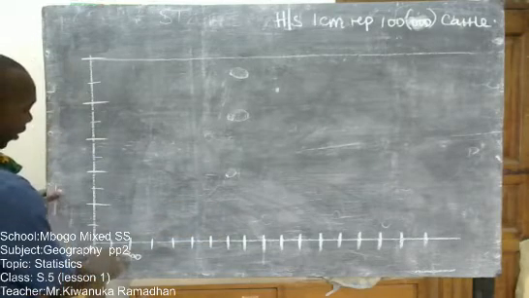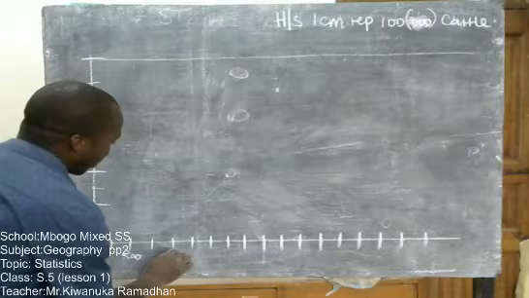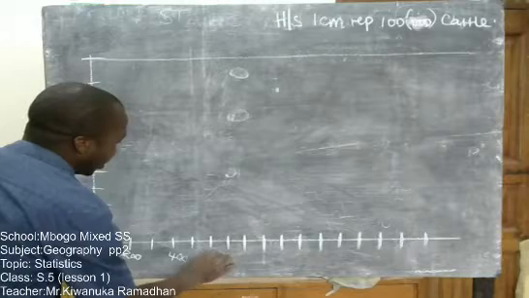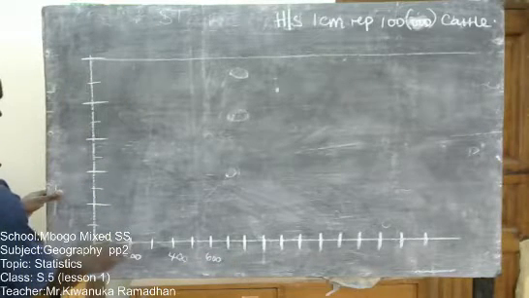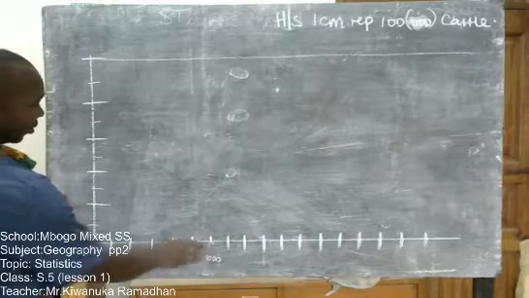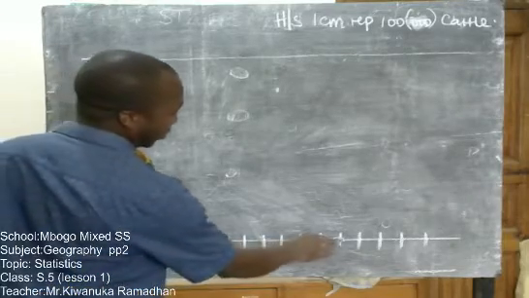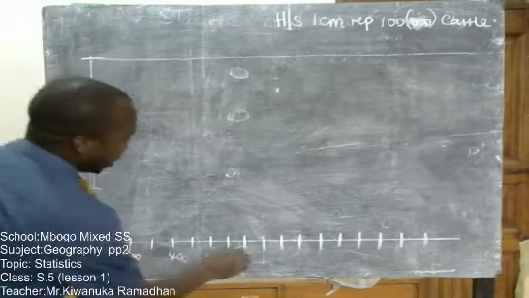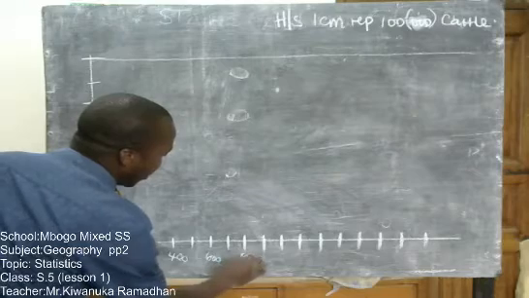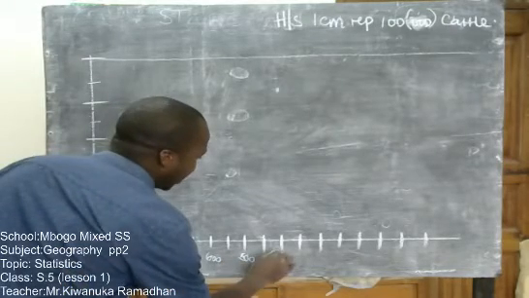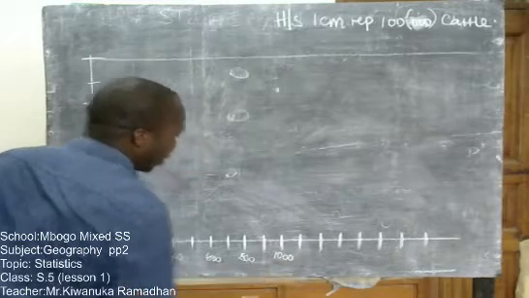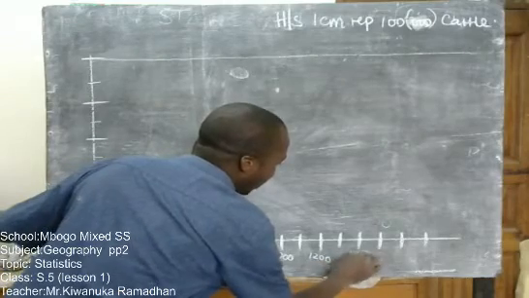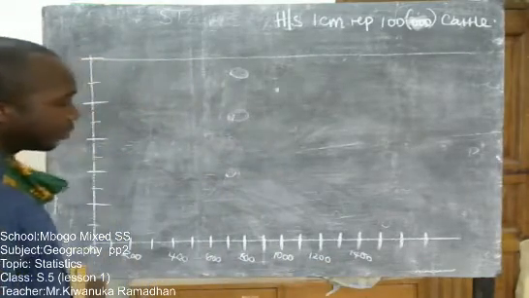So at 2 it becomes 200. 4. This becomes 6. Yes, are we there? This is 6. This is 8. This is 1,000, 1,200, 1,400.